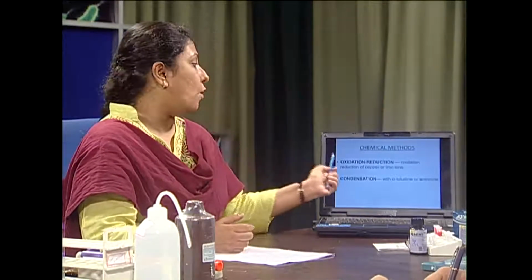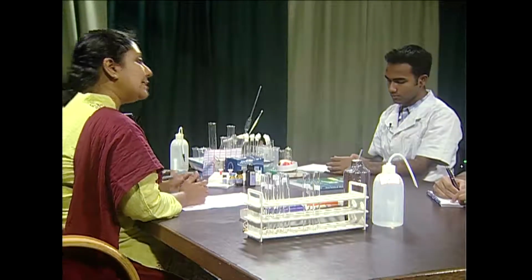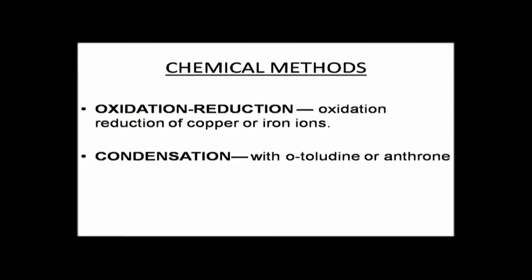The colorimetric chemical method includes the oxidation reduction as well as condensation method. In the oxidation reduction chemical method, ions like cupric and ferric are converted to cuprous as well as ferrous with the help of the reducing property of glucose. In the condensation method, glucose is condensed with either orthotoluidine or anthrone.